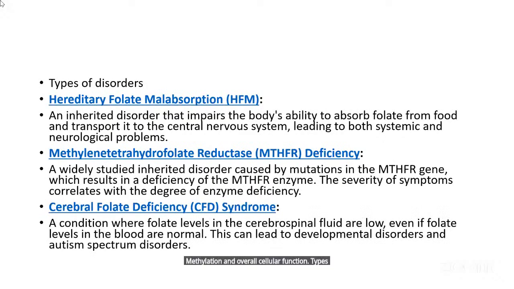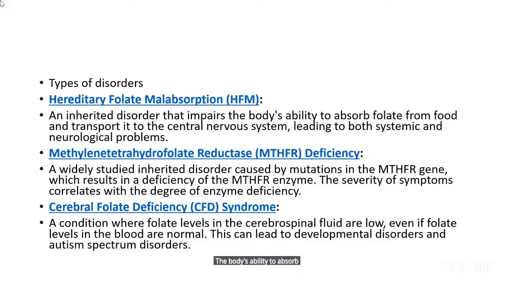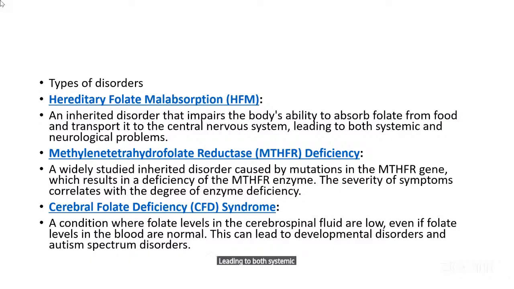Types of disorders. We have HFM, which is hereditary folate malabsorption, an inherited disorder that impairs the body's ability to absorb folate from food and transport it to the central nervous system, leading to both systemic and neurological problems.